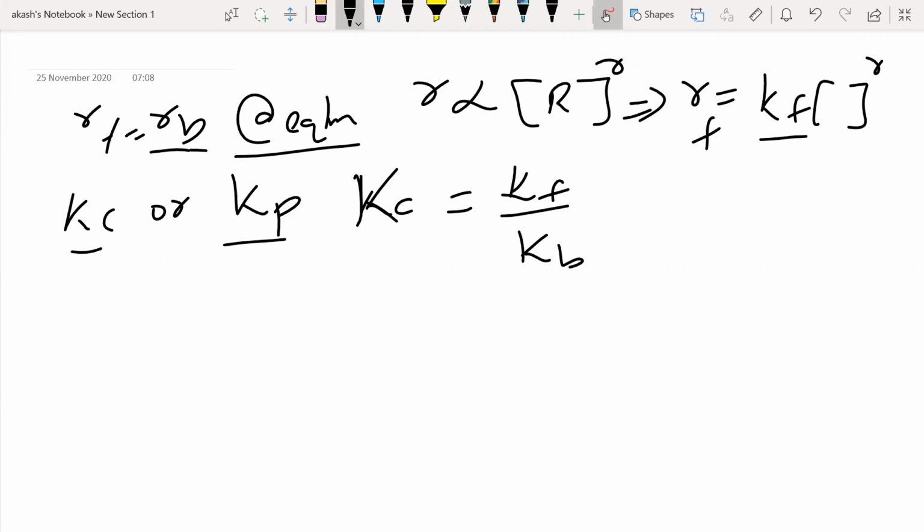This Kf is small k, the rate constant, while the equilibrium constant is big K. That's the difference, people. Please understand. Rate constants are small k, the equilibrium constant is big K. So if someone asks how you define the equilibrium constant, in terms of Kc or Kp, it doesn't matter, it's just equal to the ratio of the forward rate constant and the backward rate constant.